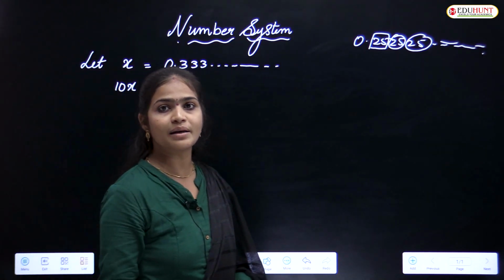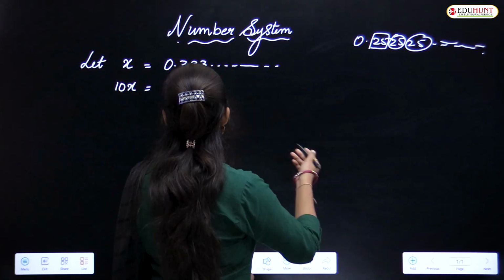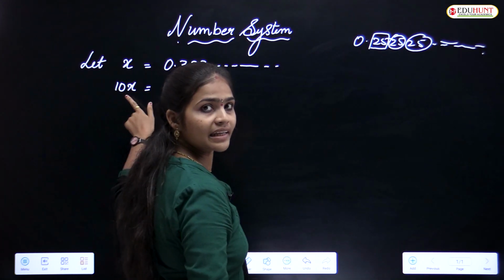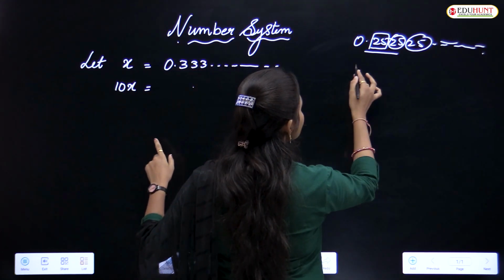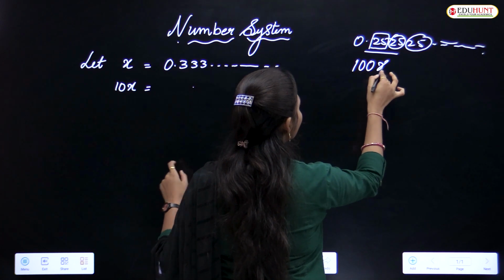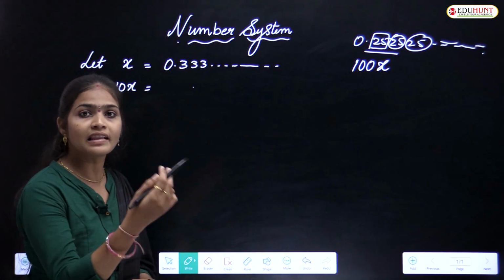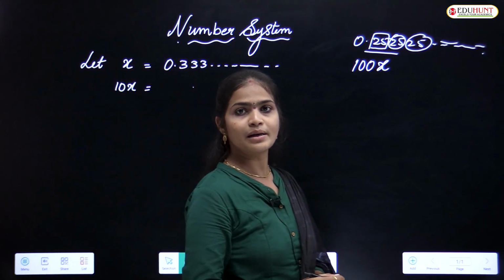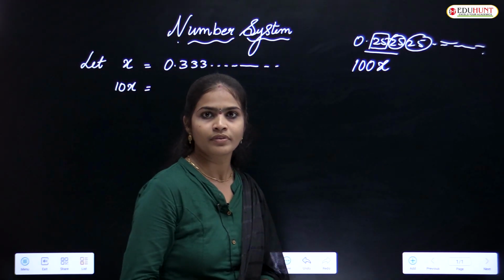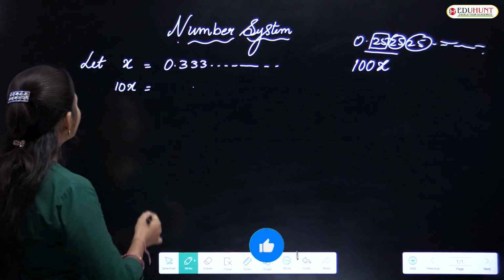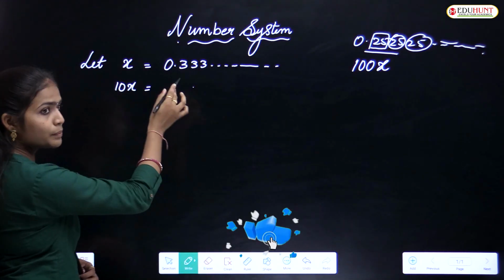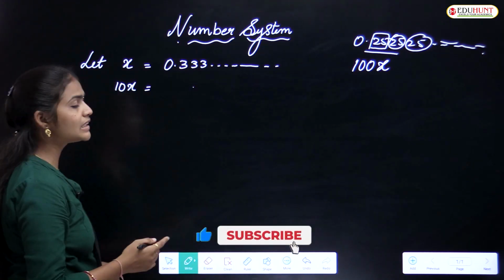Here 1 digit is in repetition, so I took 10x. But if 2 digits are in repetition, we take 100x; 3 digits, 1000x; 4 digits, 10,000x. Like that.